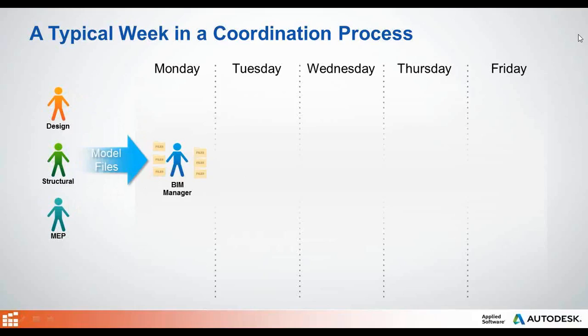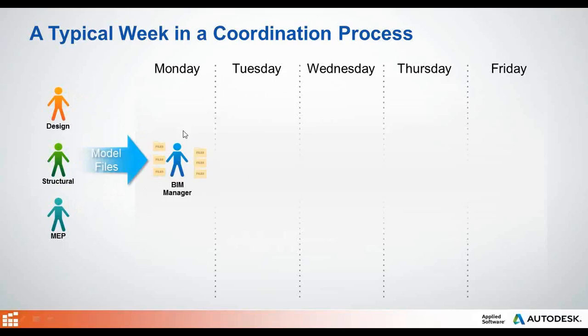So the model files are uploaded to an FTP site where then our BIM manager role can spend quite a decent amount of time downloading each model file, pulling them into another piece of software, aligning them, where they can then finally start to see where conflicts might be.